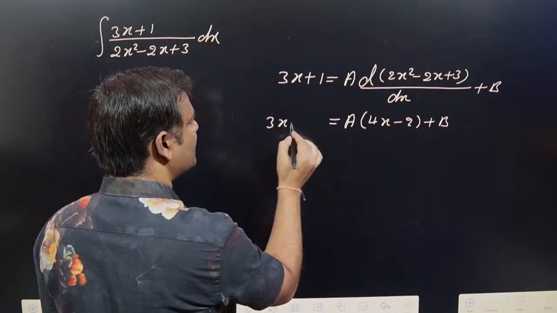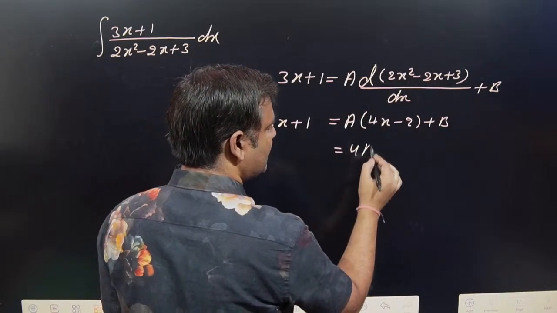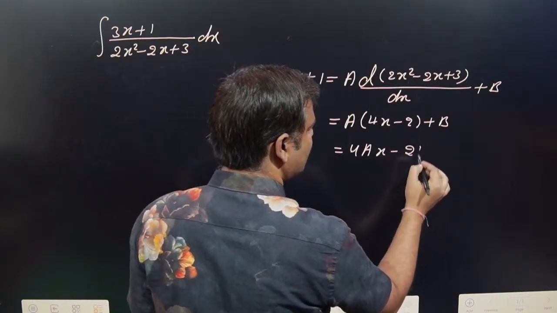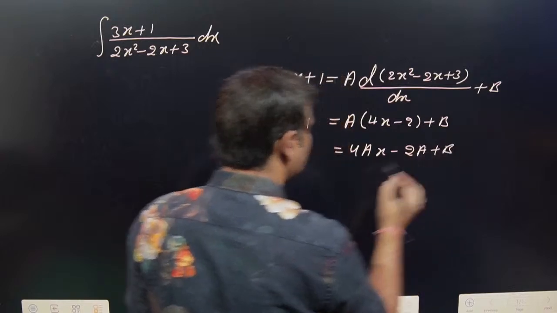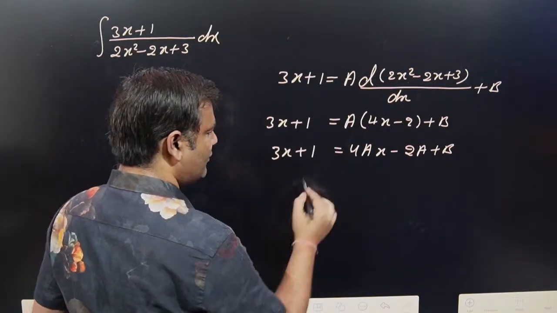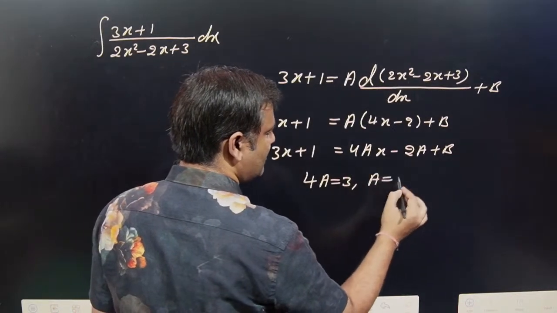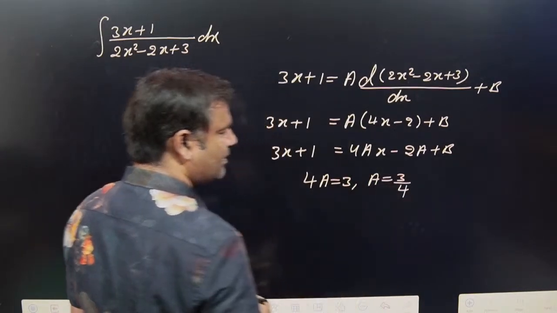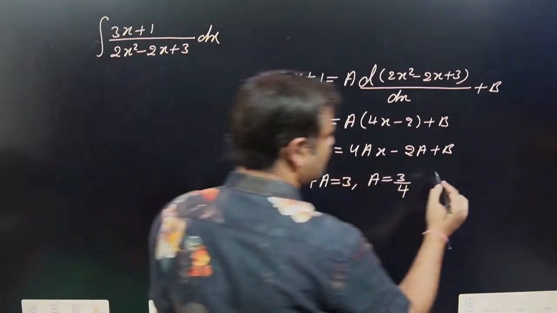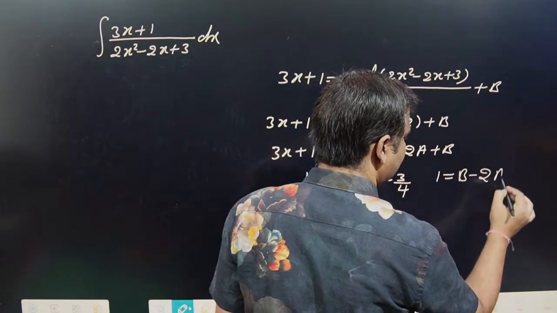So 3x plus 1 is written as 4A into x minus 2A plus B, and this one is written as 3x plus 1. So 4A is equal to 3, so A is equal to 3 by 4. After that 1 is written as B minus 2A.